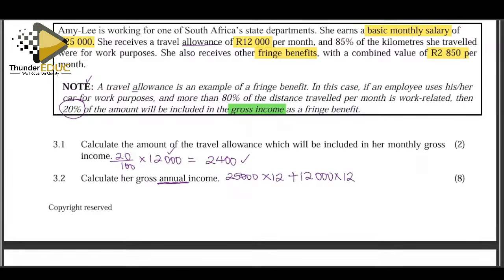Multiply it by 12. Get the fringe benefits. You understand? Get them also. Multiply by 12. All right? There's nothing wrong if you do this. You first get all of them. Okay, all of them are monthly. Get all of them.